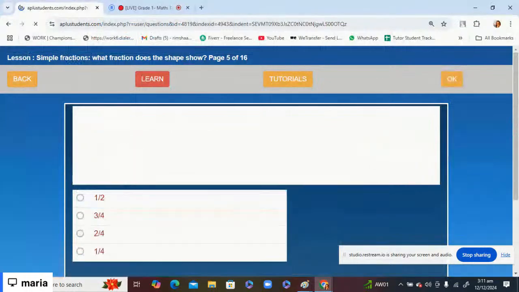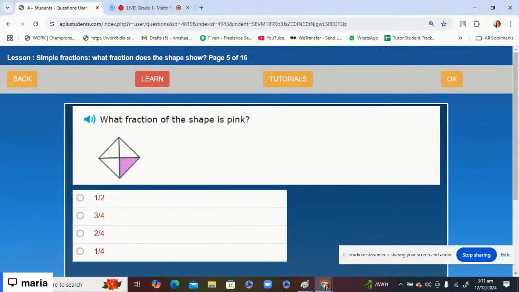Let's go with it. Now you guys tell me the answer of this one. Hurry up, everyone. Tell me the answer of this one. What fraction of the shape is pink?